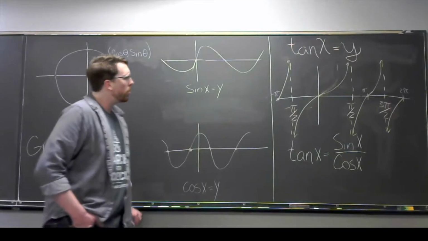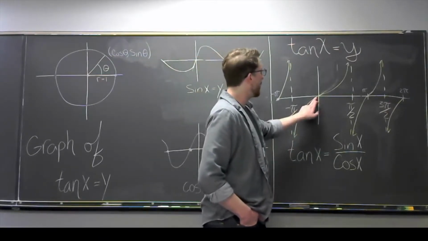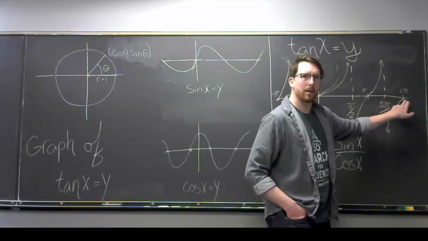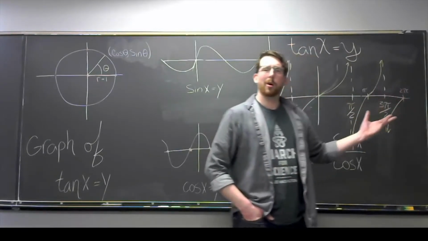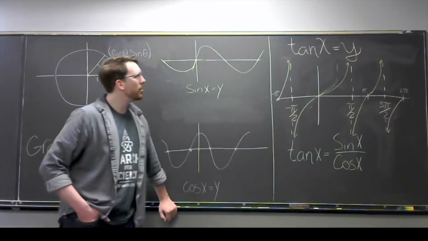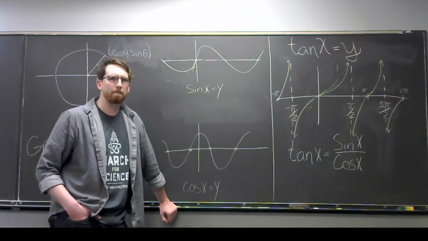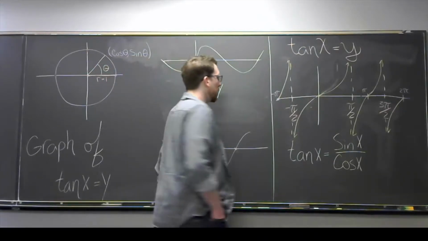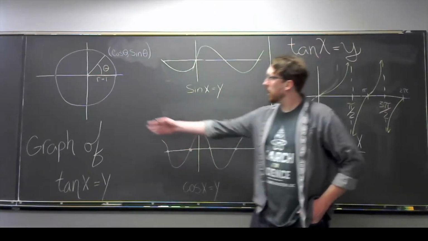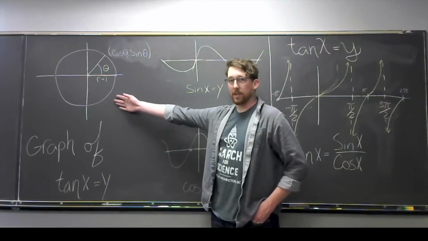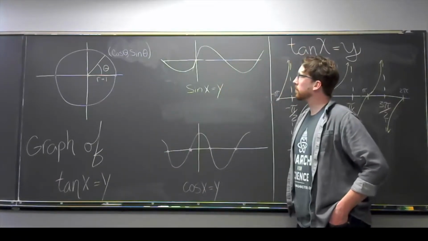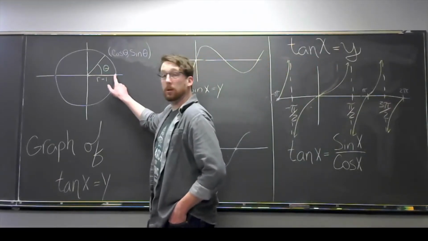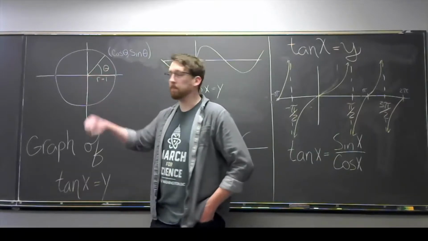Okay? That's convenient. What else do we know? We also know that at multiples of pi, our tangent is 0. Why is that? Well, we can come back to our nice lovely unit circle and we might be able to see that. Notice at 0, y is 0, so sine is 0.